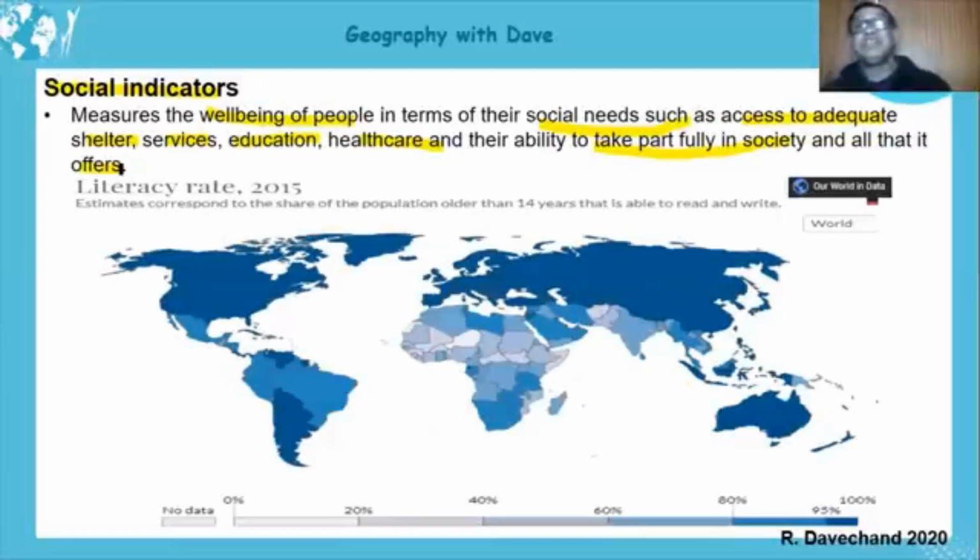Okay, and once again, you look at it, you find all these more economically developed countries. Can you see with regards to literacy rate? Can you see how high they are compared to the less economically developed countries, which are lower. And you see they sit around here.